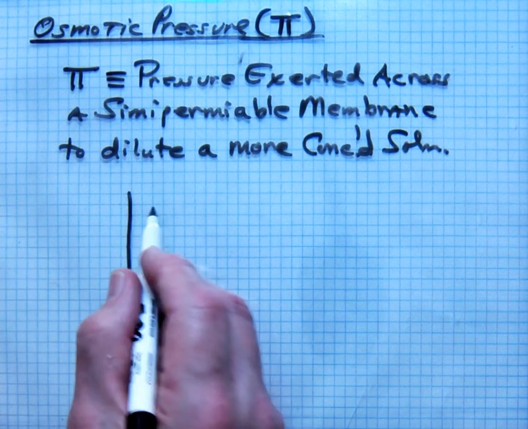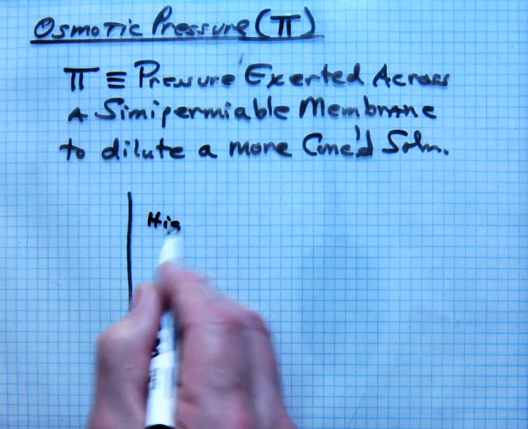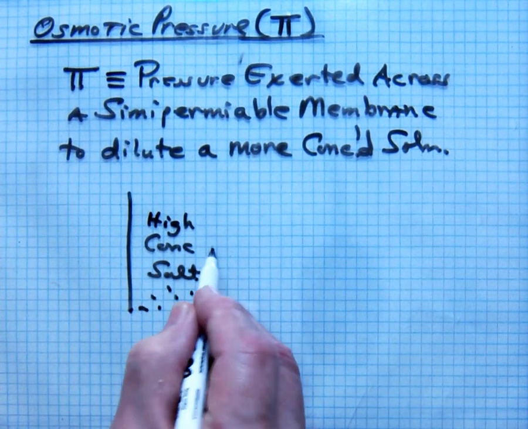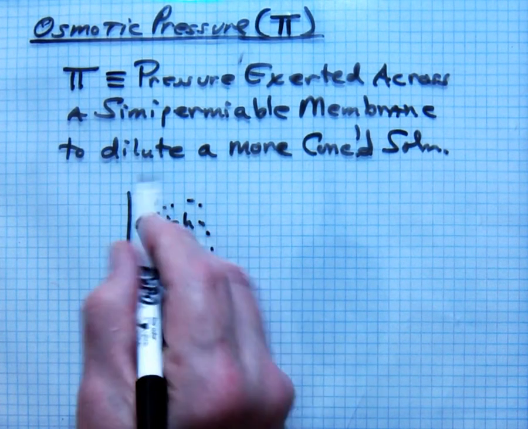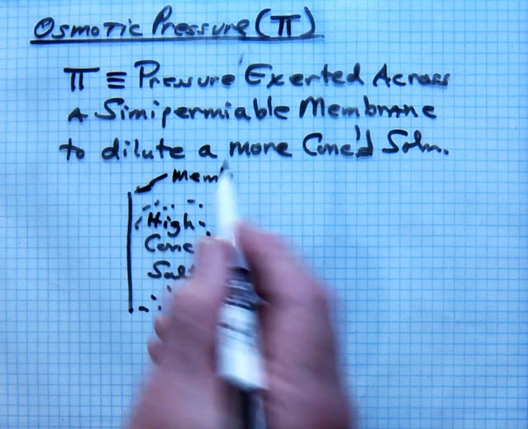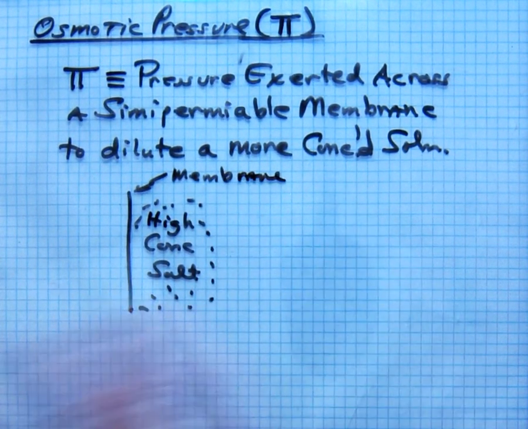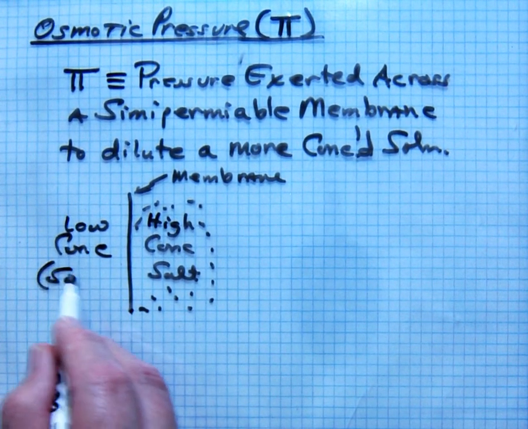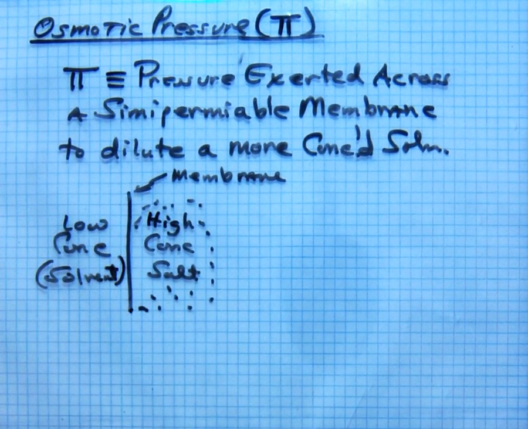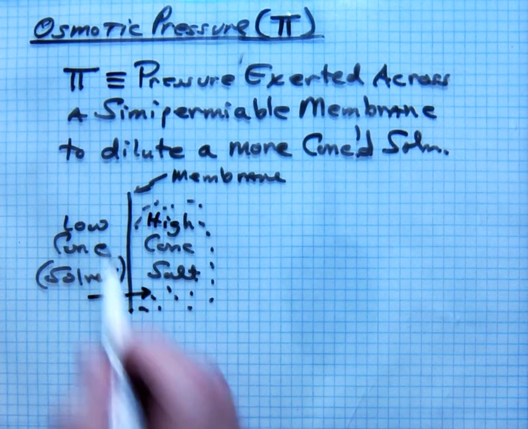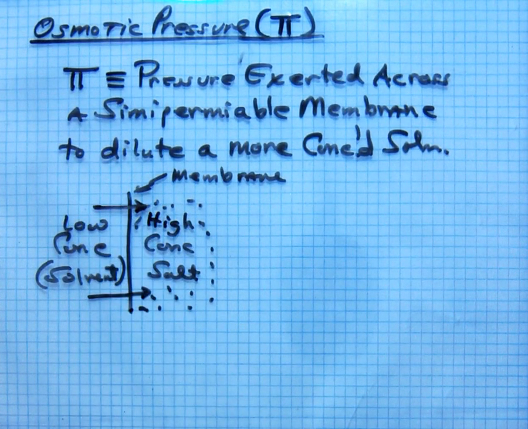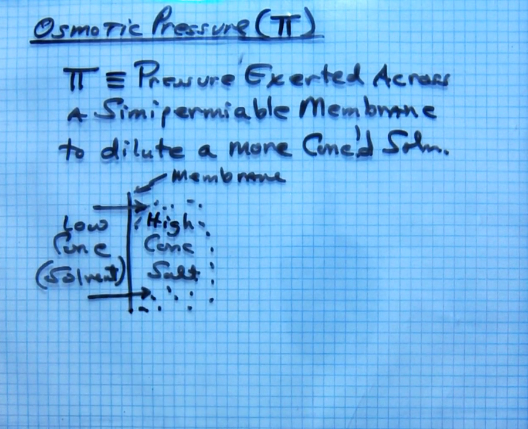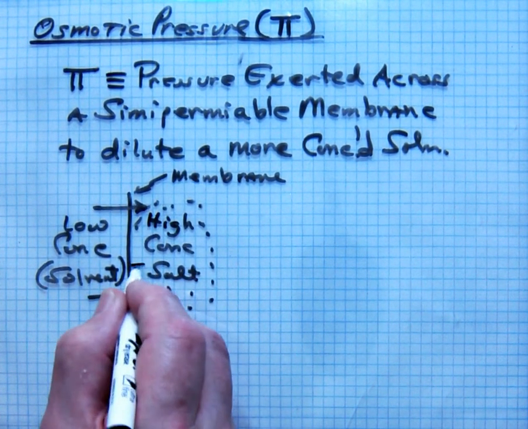And so if you have a high concentration of salt on this side, and so you got a lot of particles over here on this side of the membrane, and then you have a low concentration or simply the solvent on this side, the flow of fluid will be toward that concentrated solution, and the pressure that's exerted or that is caused by that flow on the backside of this membrane.